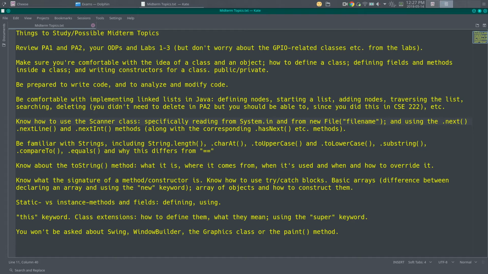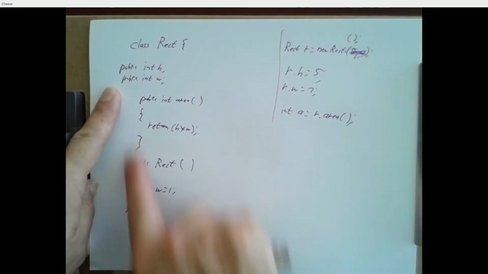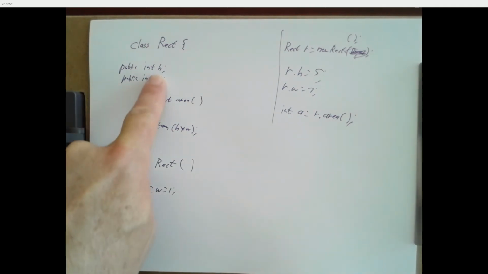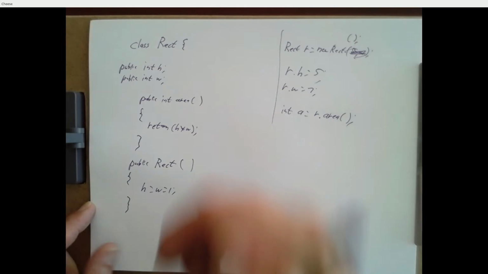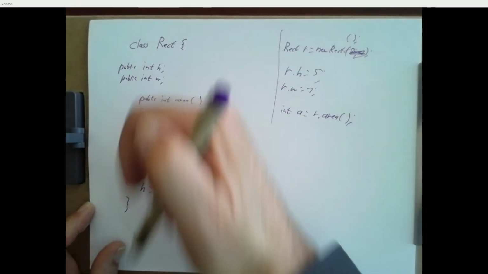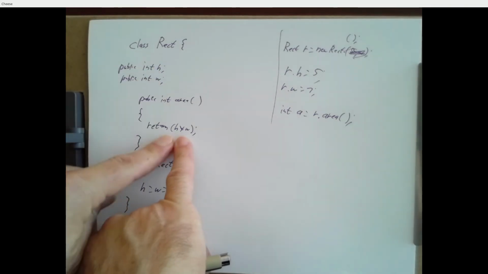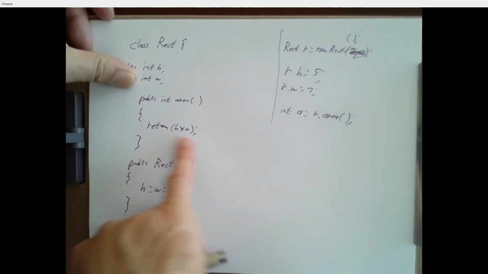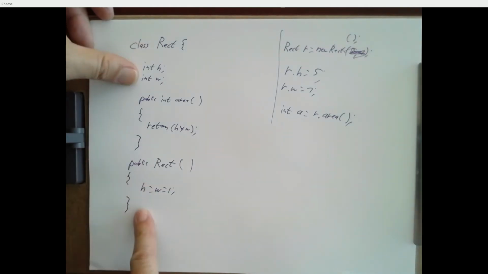Public and private control the scoping, okay? So when you mark something as public, it means things from outside this class have access to these things that are marked public. If these are marked private, only things within this class definition have access to it. For example, I want to use the H and the W in here. If I mark these as private, I can still get to H and W because I'm inside this class where H and W are defined.